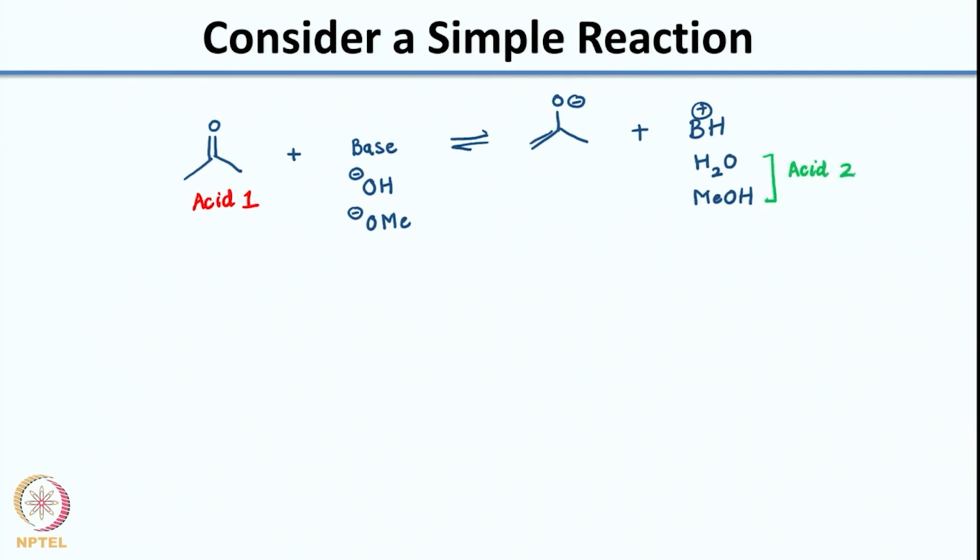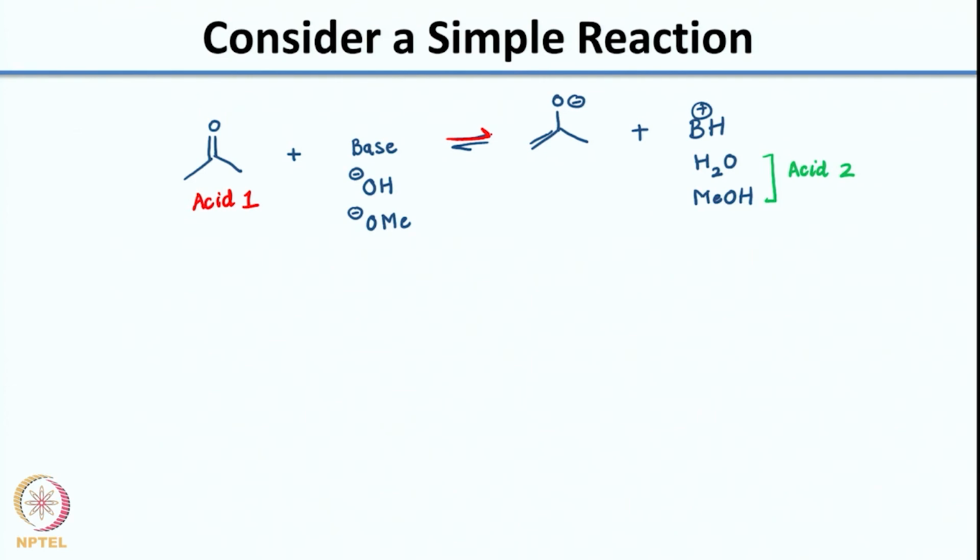Now, if acid 1 is a strong acid, that means there is a greater tendency for it to give away the proton. So, what will that indicate? That will indicate that the reaction will go forward in this direction, because it likes to give proton.